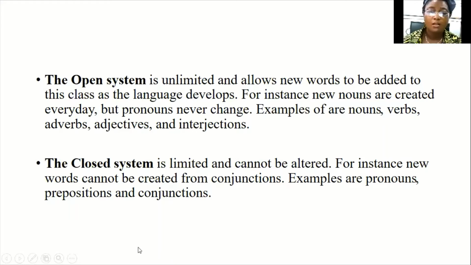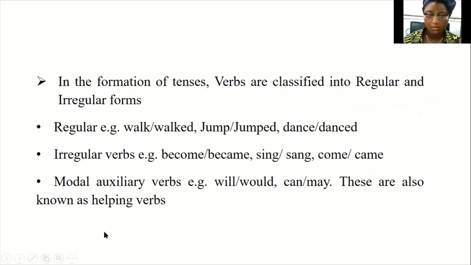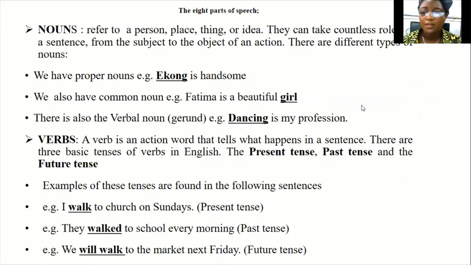Now let's look at the parts of speech themselves. The nouns. A noun refers to a person, a place, a thing, or an idea.